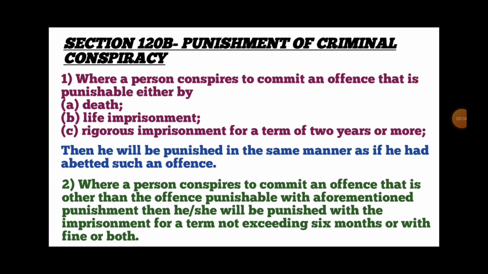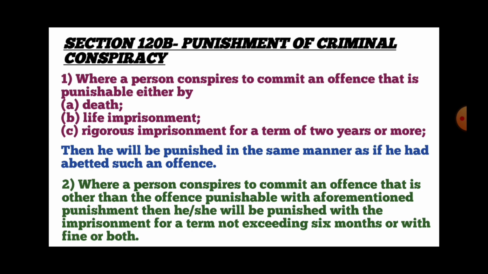Clause 2 says that where a person conspires to commit an offense other than the offense punishable with the aforementioned punishment, then he or she will be punished with imprisonment for a term not exceeding 6 months, or with fine, or both.